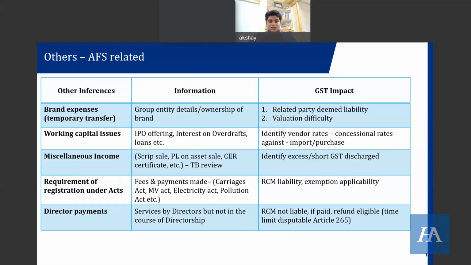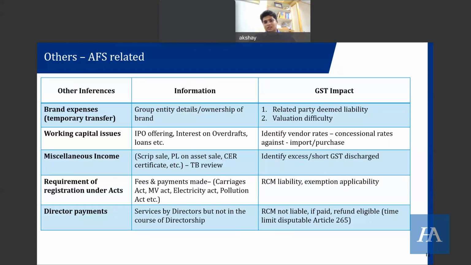So these also are considered as securities, and then whether securities is a goods or service, it is a vast area under GST. So miscellaneous income is a point in the financial statements where you will not obtain this level of details, which means that you will have to go one level further and do a TB review or a ledger review and obtain the details.